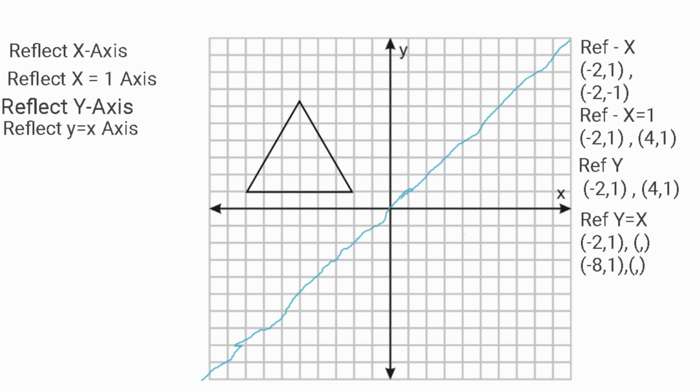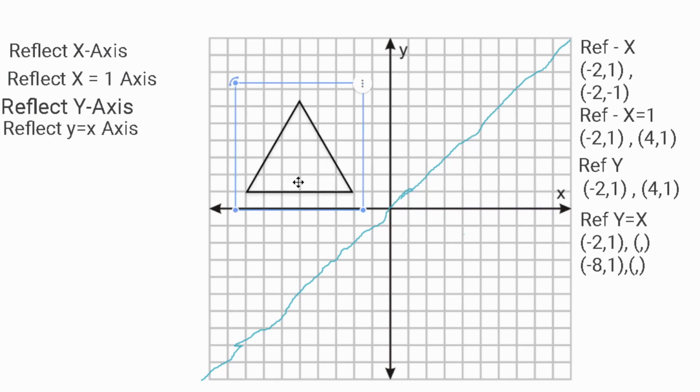So y equals x. What we are going to do is we're going to swap the numbers, and that might be slightly confusing, but you'll understand this better when we do rotations. But y equals x means we're going to swap the numbers.